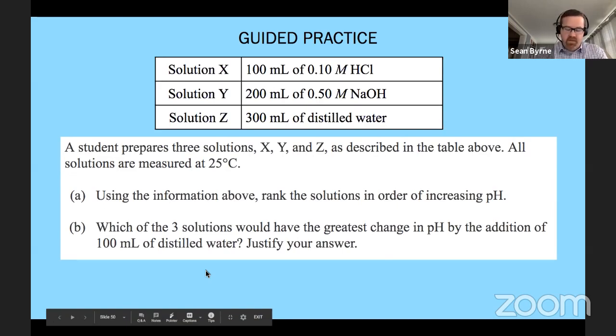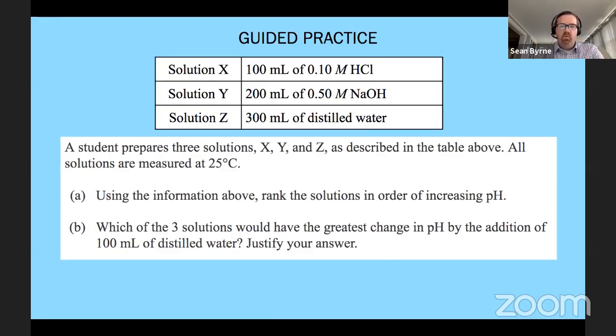So I'm going to give you about 30 seconds just to start setting up that first problem to see what information jumps off the page at you. And are you able to rank these solutions?